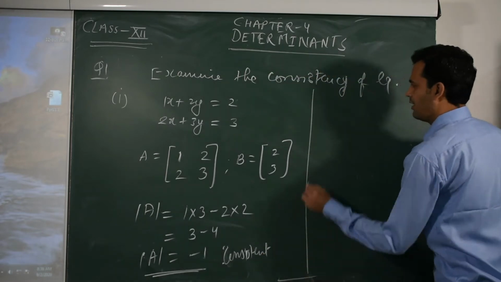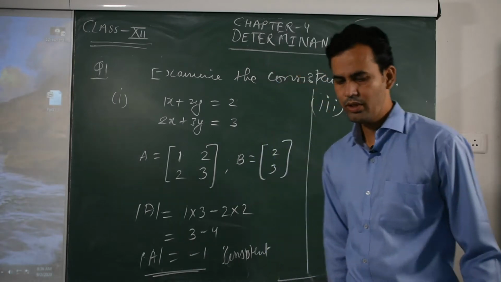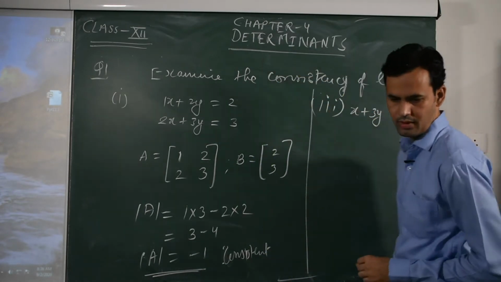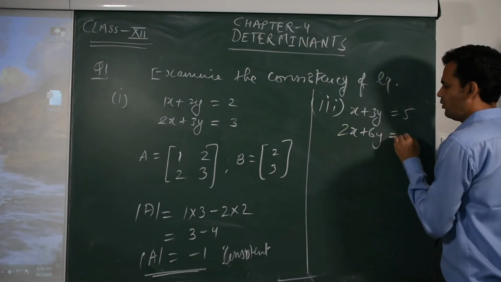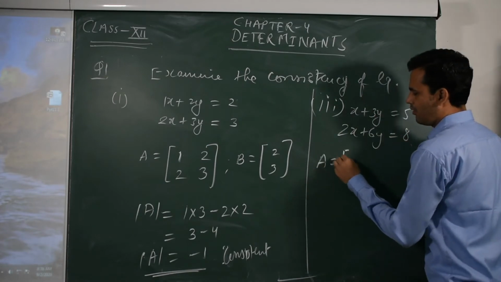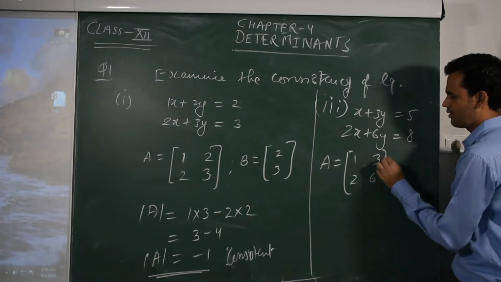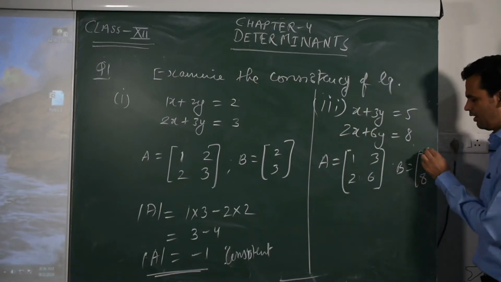Take another question, third question. There are two equations, x plus 3y equals 5 and 2x plus 6y equals 8. So again we take A matrix from these four terms 1, 3, 2, 6, and B matrix as 5 and 8.